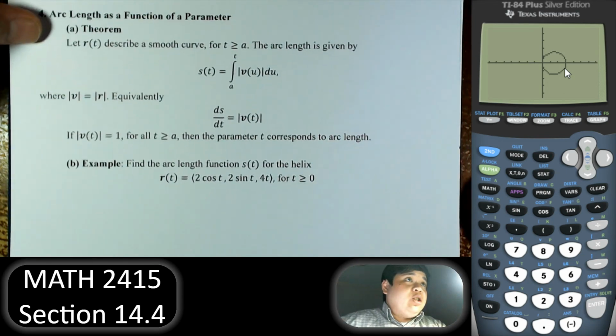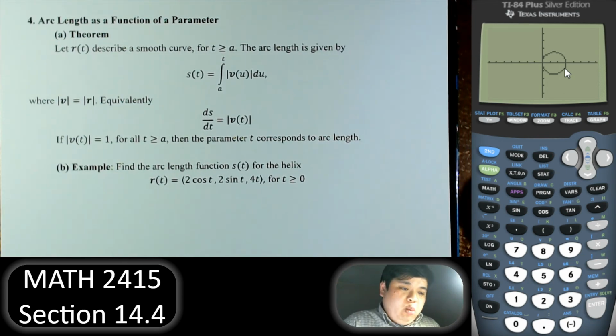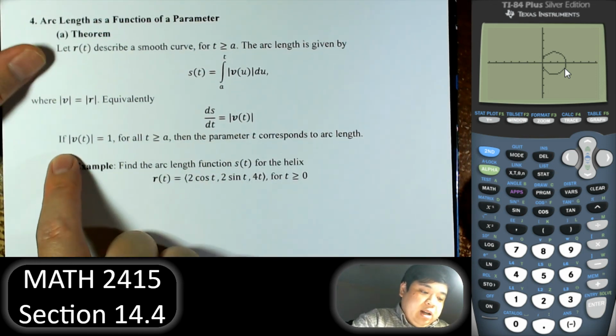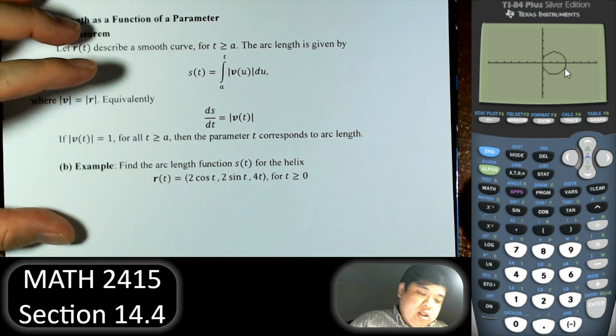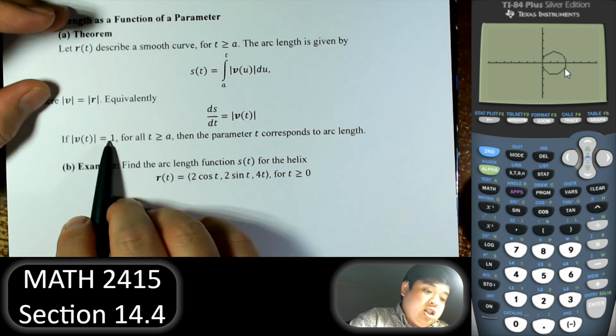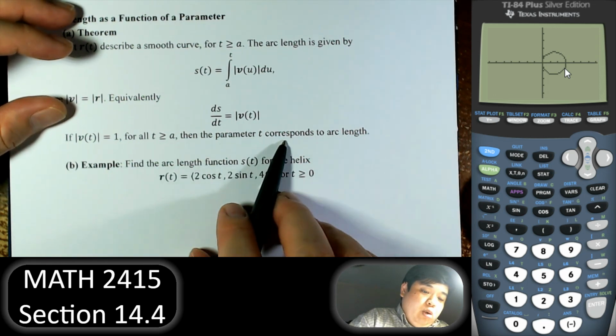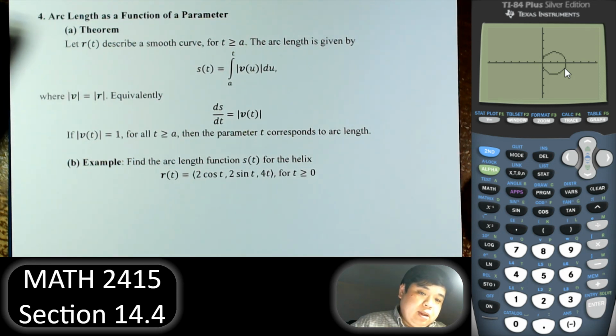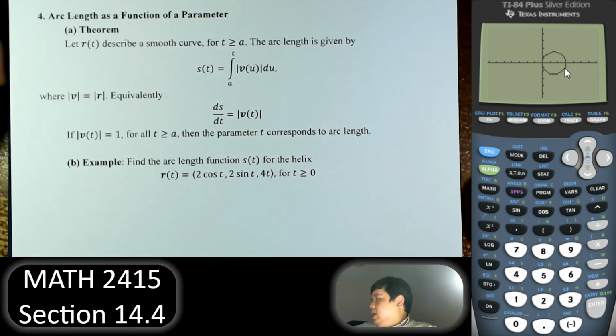Arc length as a function of parameters. We can write the function as a vector-valued function in terms of t. Now if the speed is equal to 1, then the parameter t corresponds to the arc length. Do we have any of that?